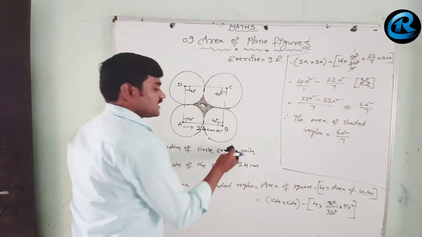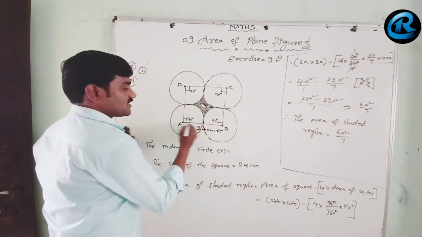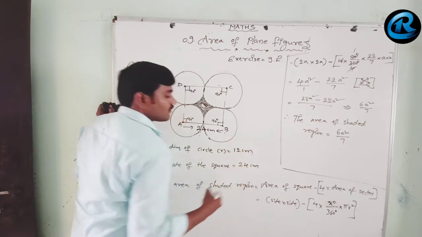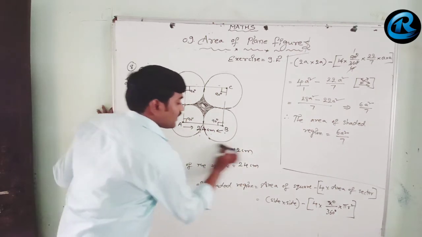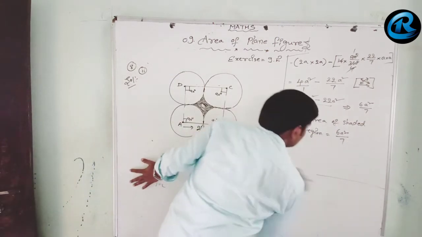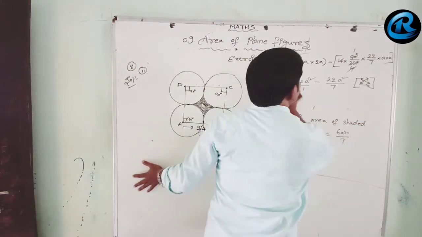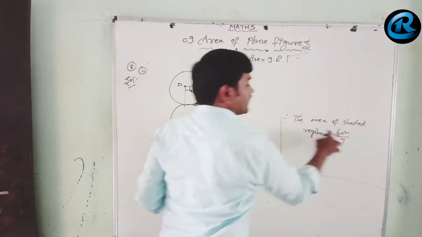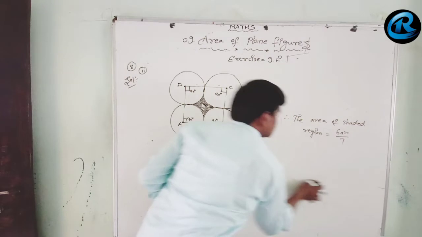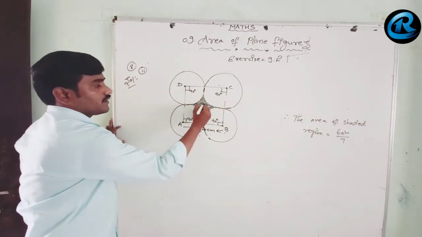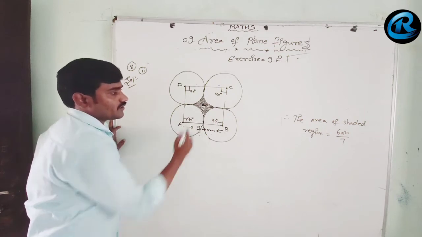Then the radius of the circle will be only 12 centimeters. You just remember that. If you remember this, you can directly write the answer. I told you the 6th one can also be done by this method; it finishes in about 4 steps. So here we have to find this area.